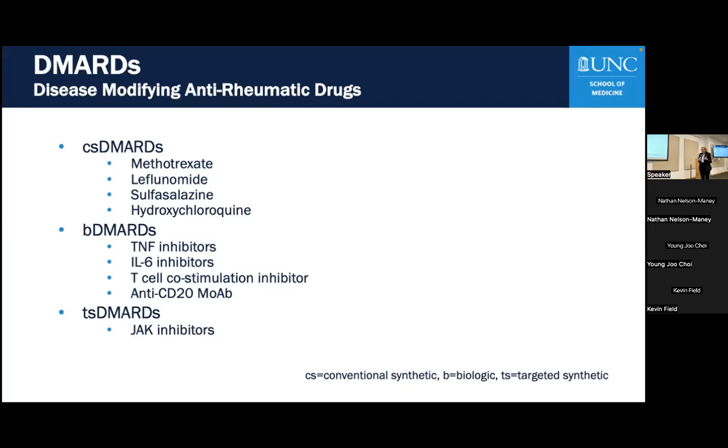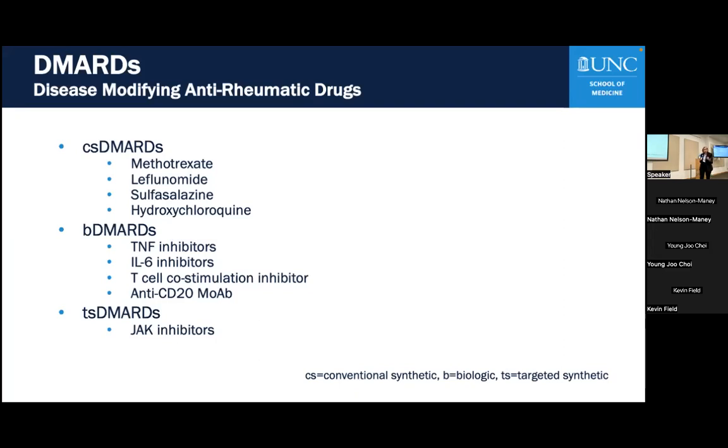Infliximab and etanercept, 2 TNF inhibitors, were released that year. The infliximab was actually initially, I'm trying to remember if it was initially indicated for inflammatory bowel disease and then rheumatoid arthritis, or the other way around. But either way, the TNF inhibitor has been around since 1998.